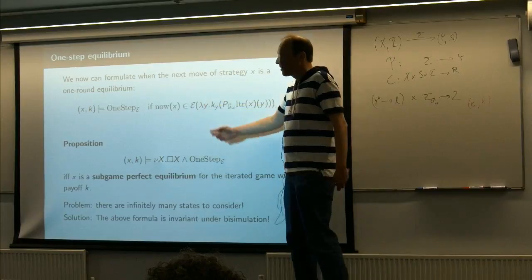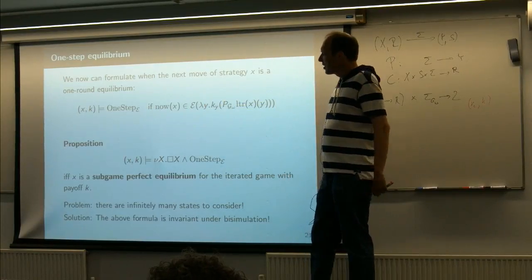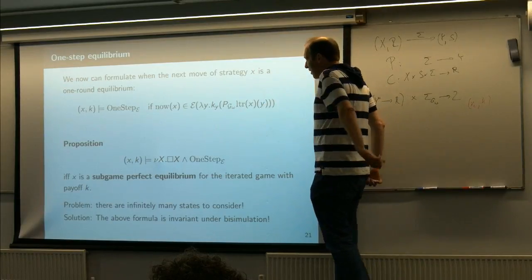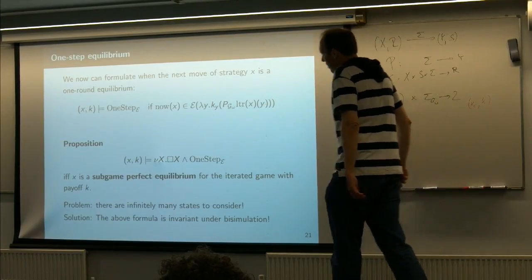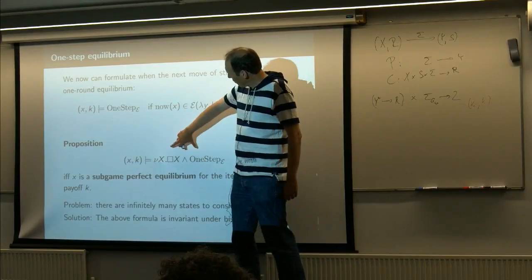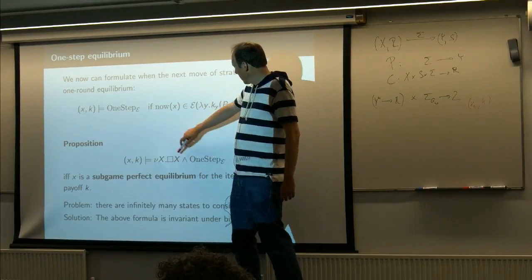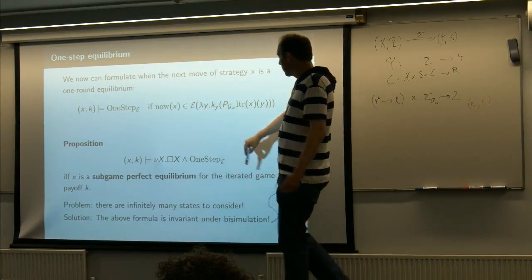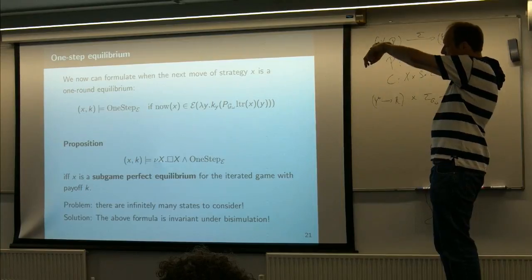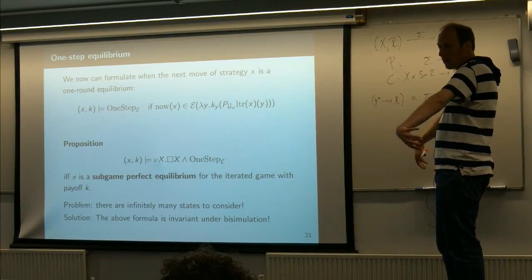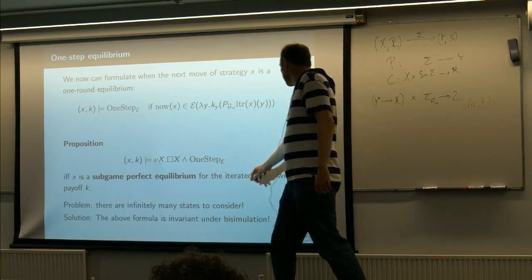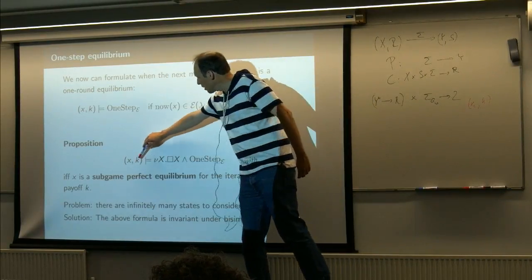This is like what happened when I mentioned this phi operator. And so the proposition is that if I take such a pair and this formula in the mu calculus, which says nu x, box x, and this condition, that ensures this holds everywhere I can go, then x is a subgame perfect equilibrium for the iterated game with this payoff.